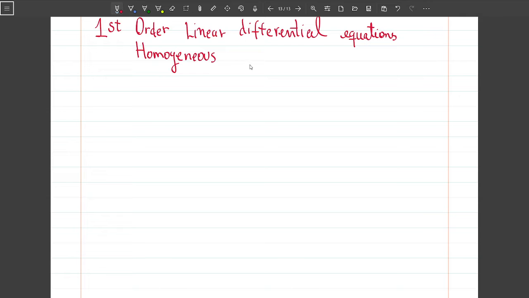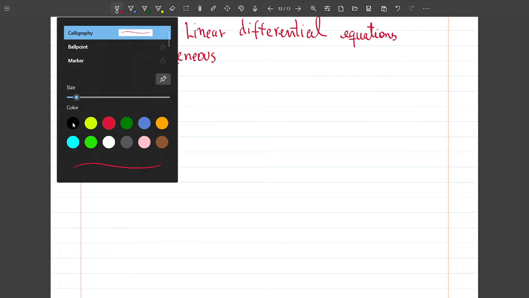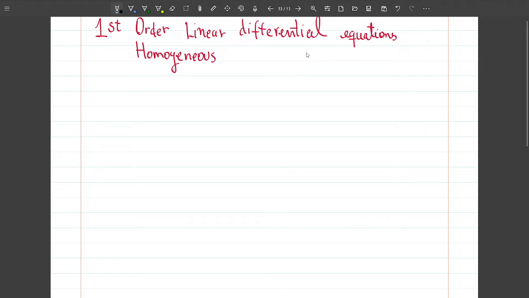As I said in the last video, linear equations are equations of this kind.